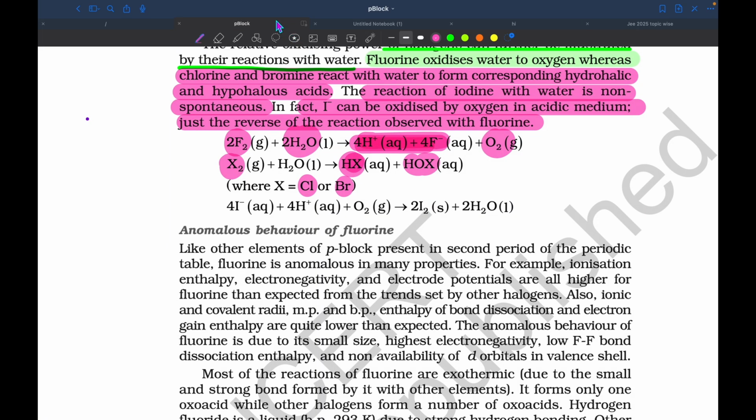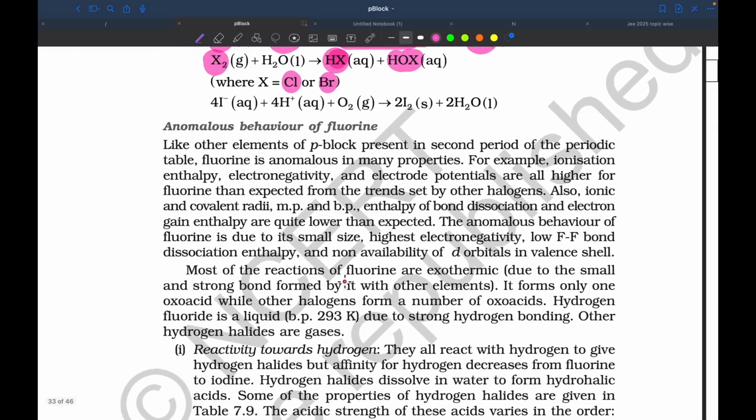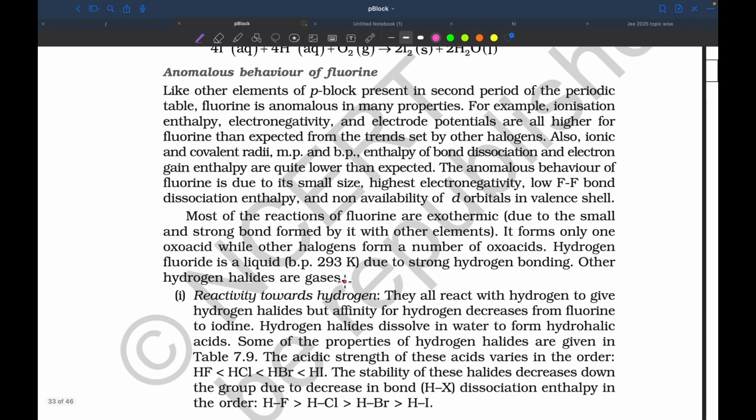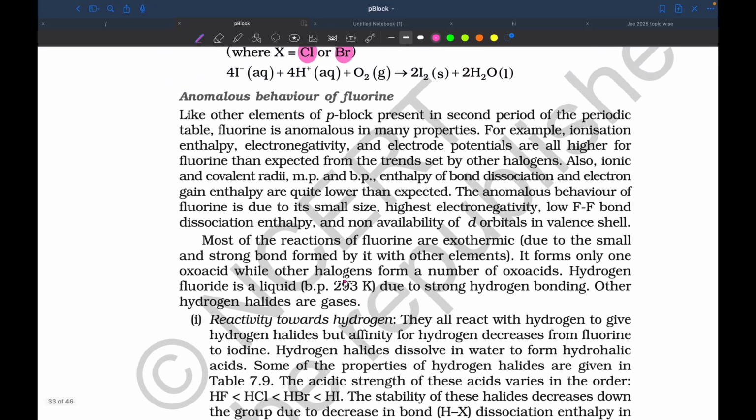And the last point we will see is the anomalous behavior of fluorine. The anomalous behavior of fluorine, like other p block elements, is due to the presence in the second period of the periodic table. Fluorine is anomalous in many properties.